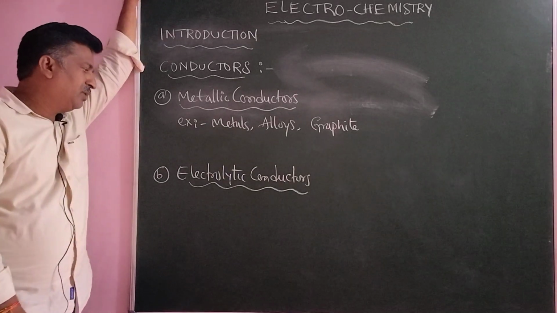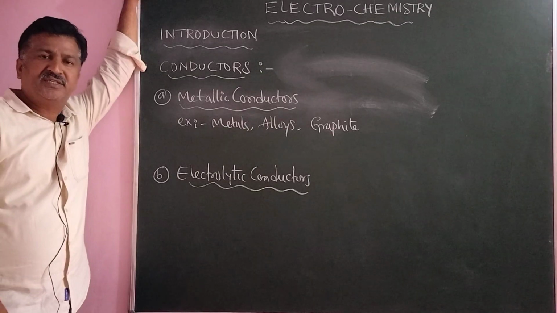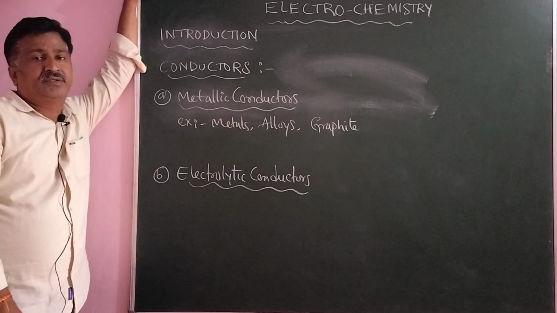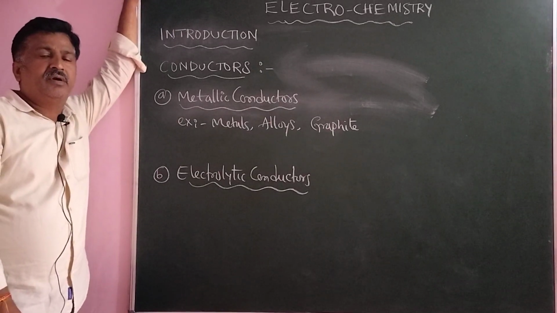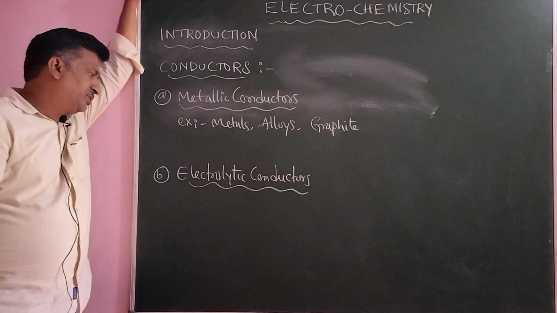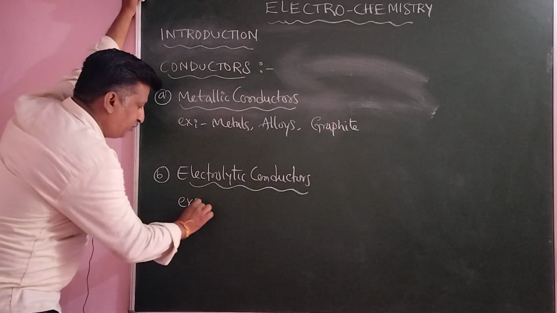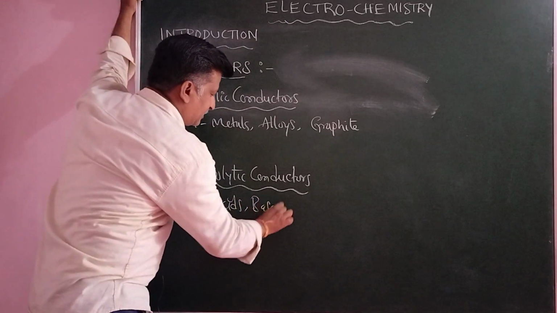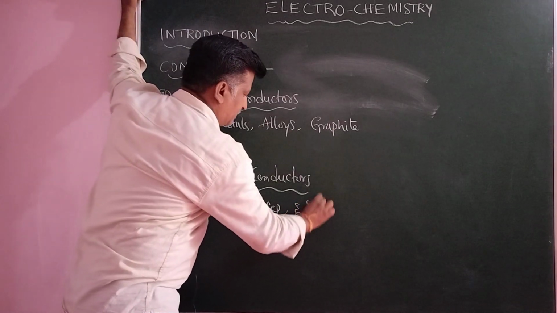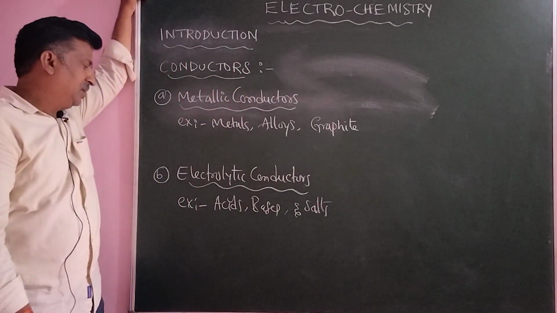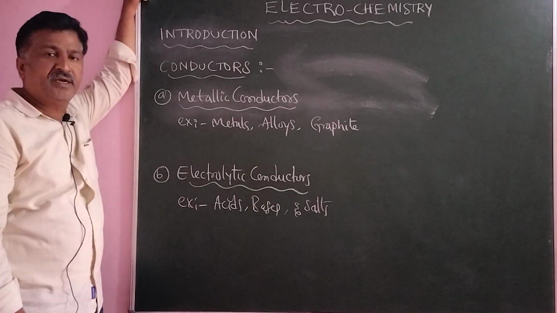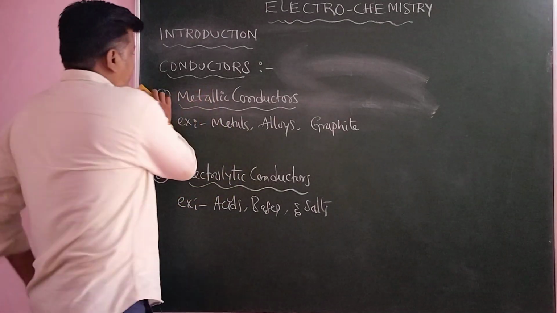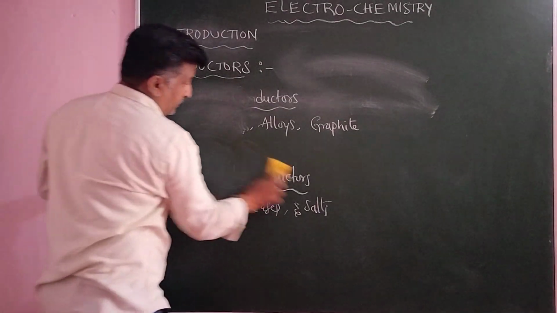Such substances are called electrolytic conductors. Examples we can give: acids, bases and salts come under electrolytic conductors. So this is the general discussion of metallic conductors and electrolytic conductors.